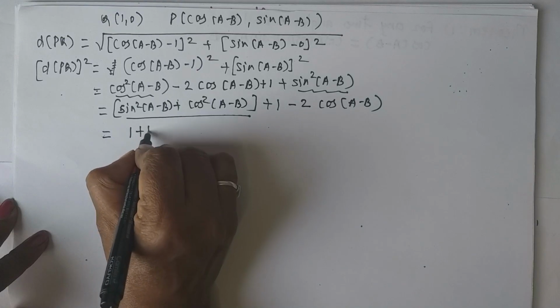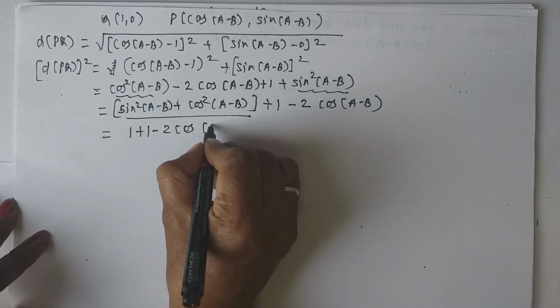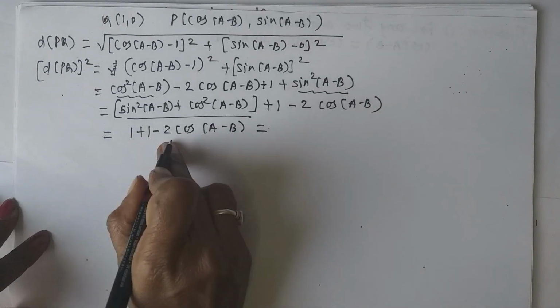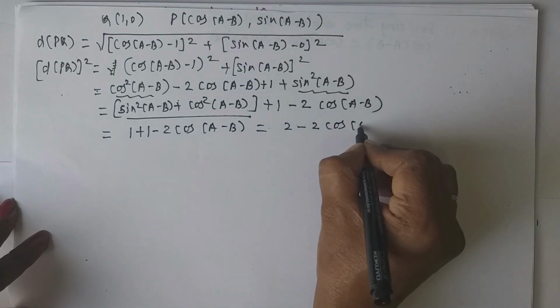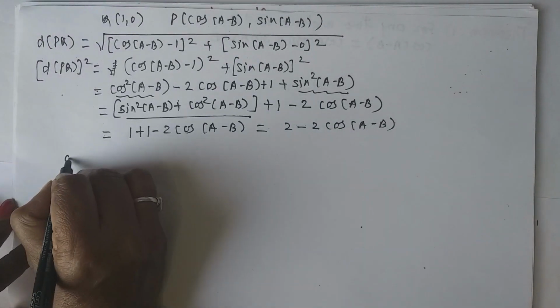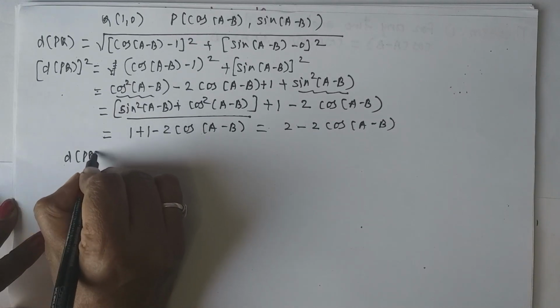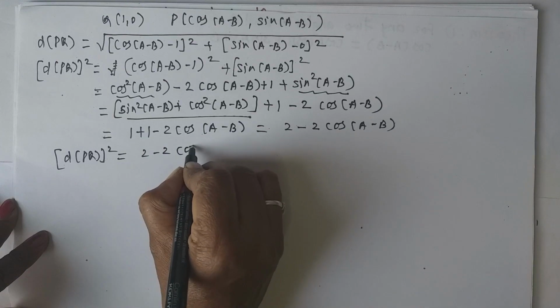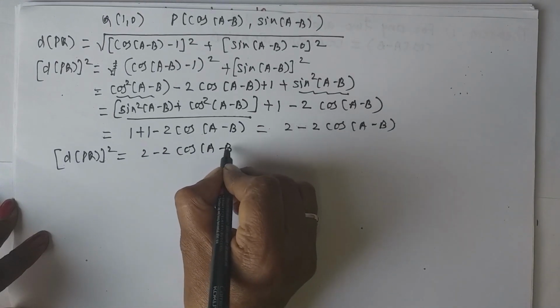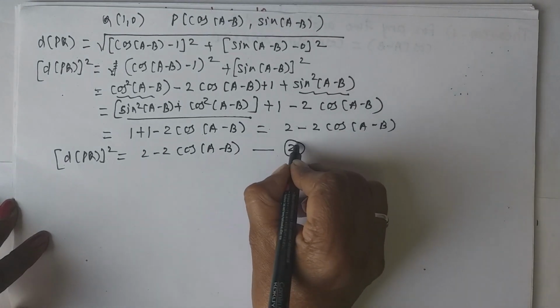You write down 1 plus 1 minus 2 cos(A minus B), and this 1 plus 1 becomes 2. Therefore 2 minus 2 cos(A minus B). In this way we have got the distance PQ squared is equal to 2 minus 2 cos(A minus B). Consider this as equation 2.